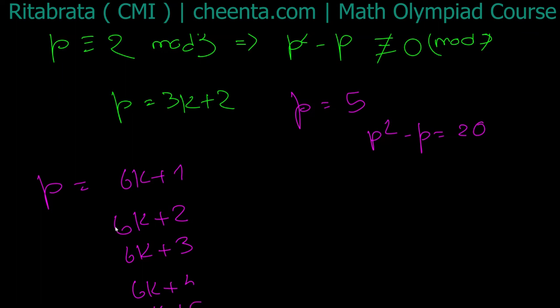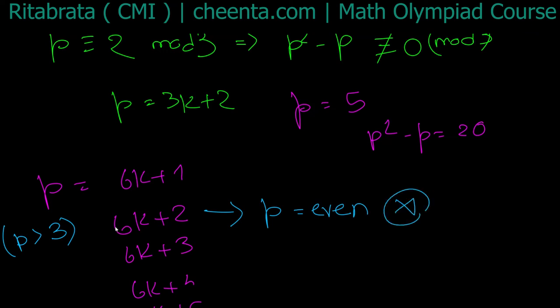Now can all of them occur? If p is of the form 6k plus 2, that would imply p is even. But there is no even prime greater than 3, the only even prime is 2. So this is not possible.